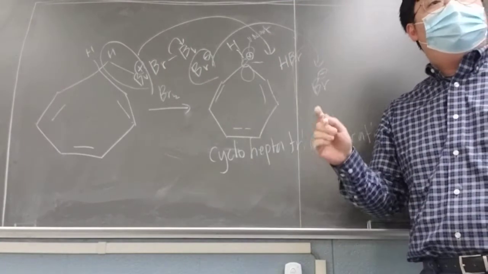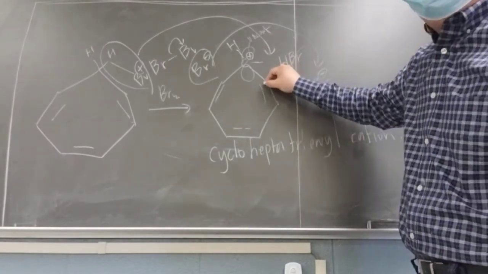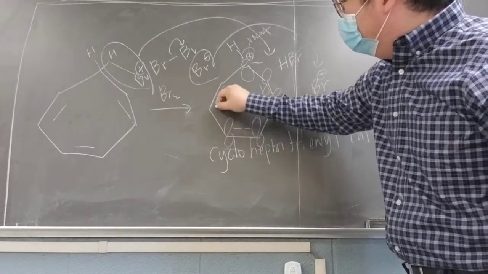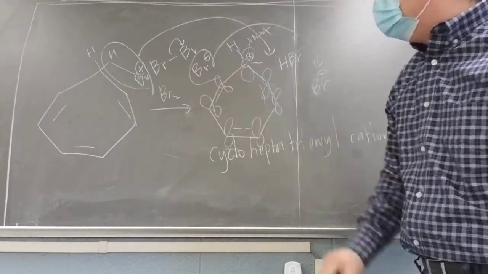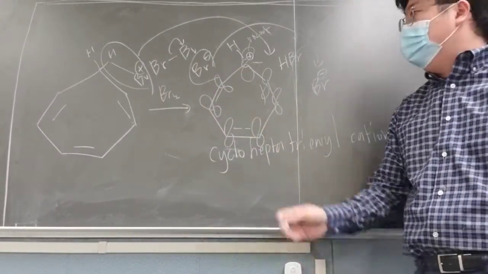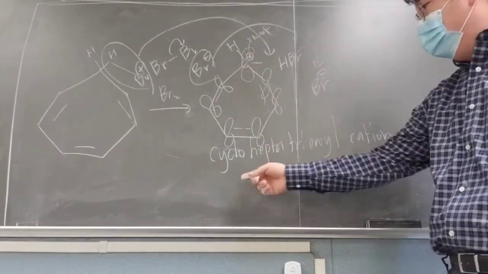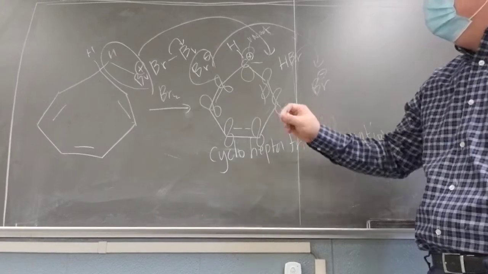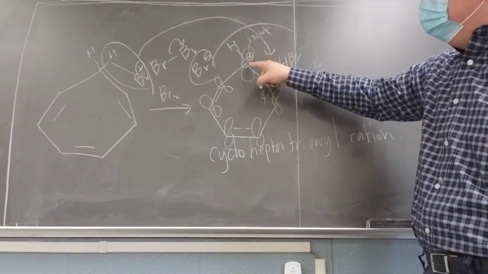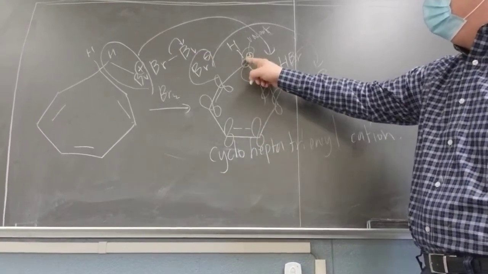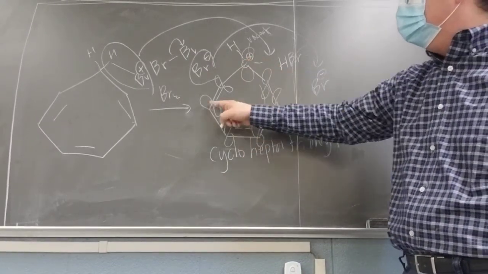So you don't count any pi electrons on that carbon, but on those other 6 carbons.